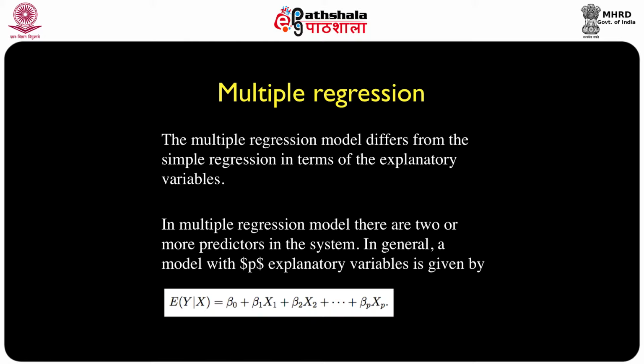In general, for a model which has p explanatory variables x1, x2, up to xp, and y is the response variable, the expectation of y given the vector of predictors x is given by beta naught plus beta 1 x1 plus beta 2 x2 plus up to beta p xp, where beta naught, beta 1 up to beta p are called the regression coefficients and x1, x2, up to xp are the p predictors.